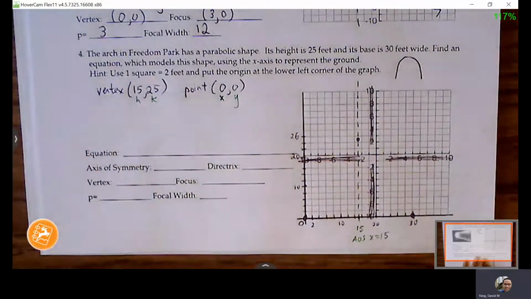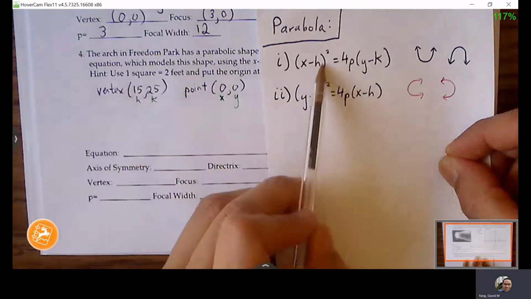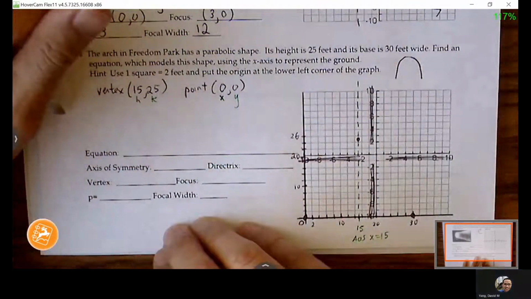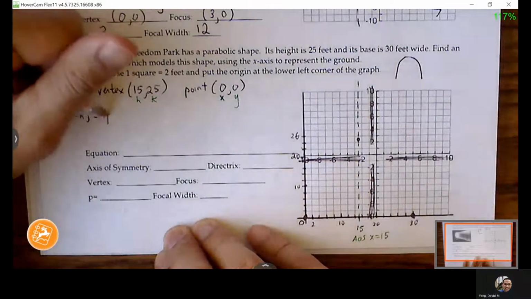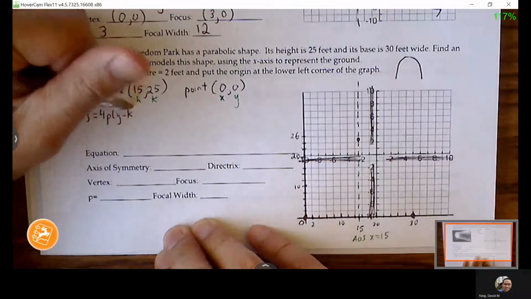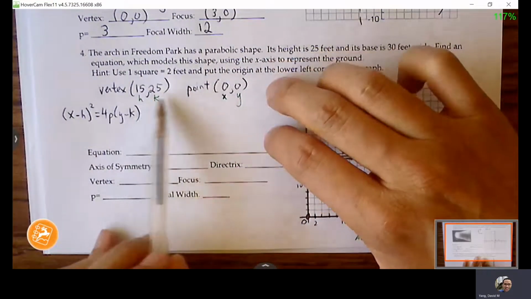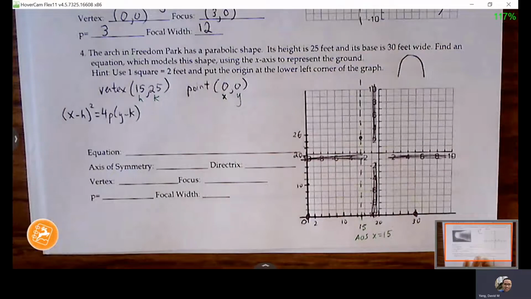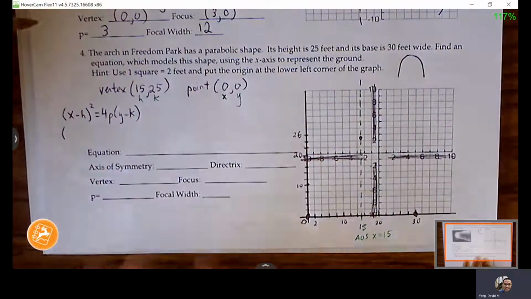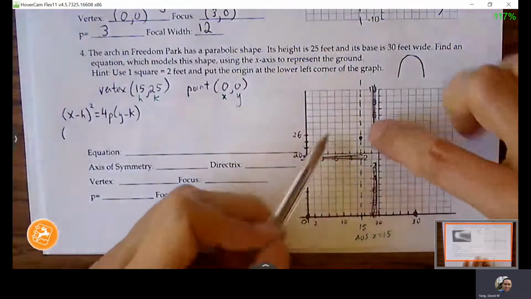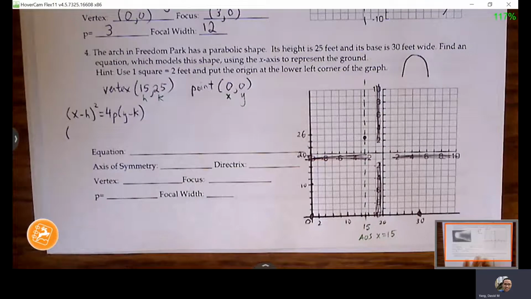Which formula are we targeting? Yeah, the x squared. Okay. Insert 0, 0 for x and y. Replace h and k with 15 and 25. Just make sure you change those signs. And we're trying to solve for p. Once we find the p-value, then we can fill out the rest of these characteristics.